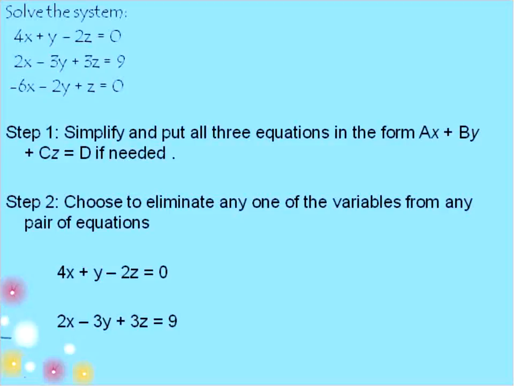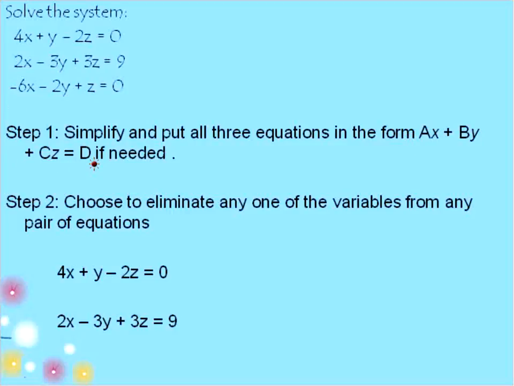So the first one that we're going to look at is solving 4x plus y minus 2z equal to 0, 2x minus 3y plus 3z equal to 9, and negative 6x minus 2y plus z equal to 0. So when you're asked to solve a system of three equations, the first thing that you want to check is are all three of my equations in the form ax plus by plus cz equal to d.